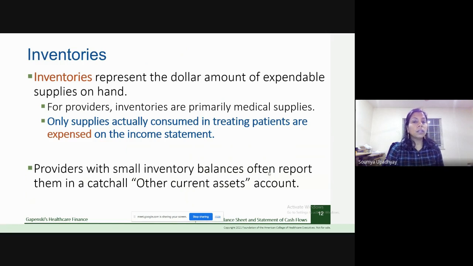You will not expense on the income statement all 100 gloves, even if you have bought them and are storing them. Providers with small inventory balances usually have a catch-all phrase called other current assets. Any questions on inventories?